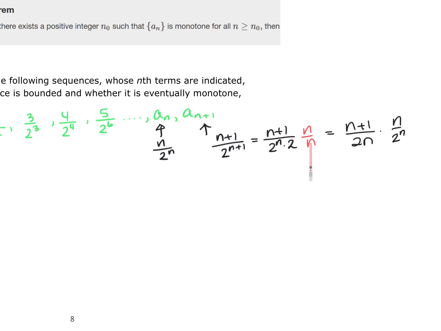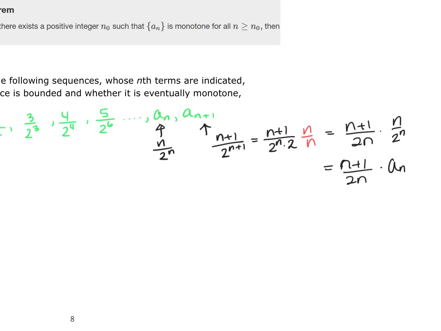All I did here was multiply by n over n and then rearrange it so that the 2 and the n went underneath as a denominator of n plus 1. And the reason I'm doing that is so that this can be rewritten as n plus 1 divided by 2n, and then the n over 2 raised to the n is a sub n.